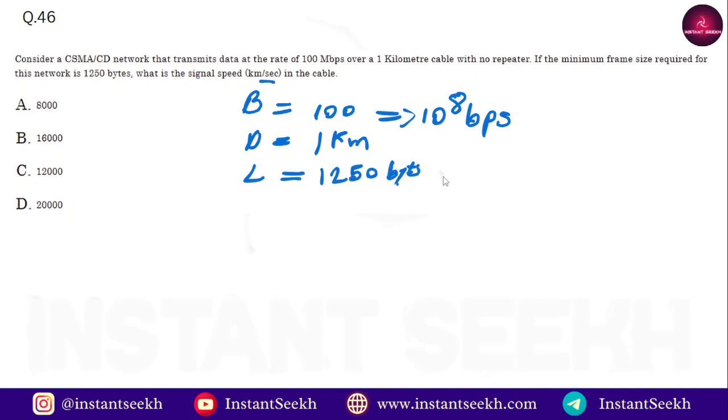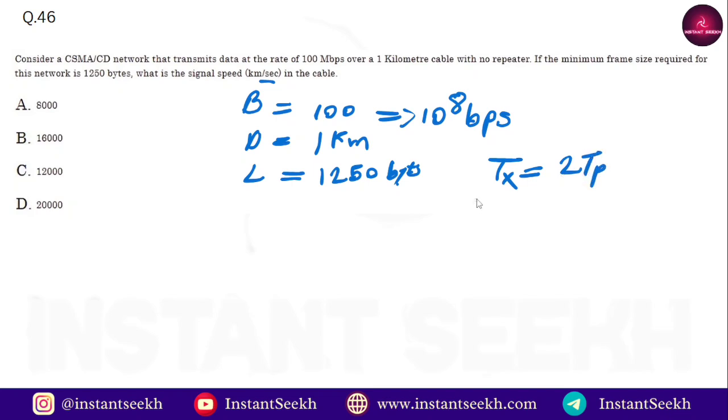The minimum frame length for the CSMA/CD protocol is such that Tx is at least 2 times Tp. This you should know.